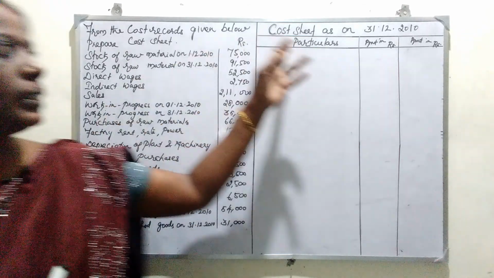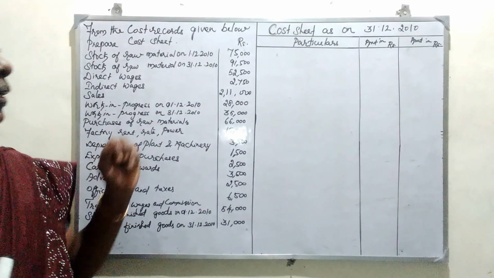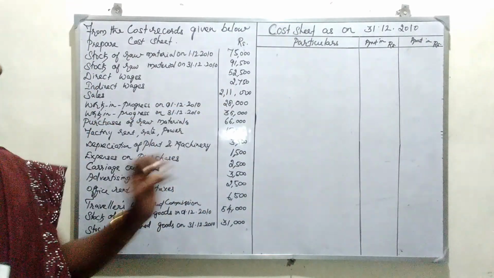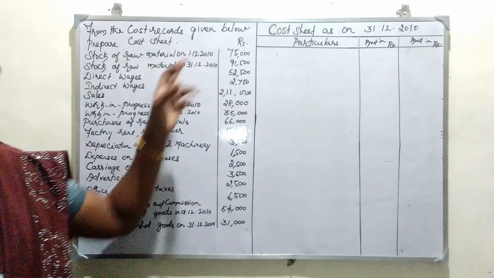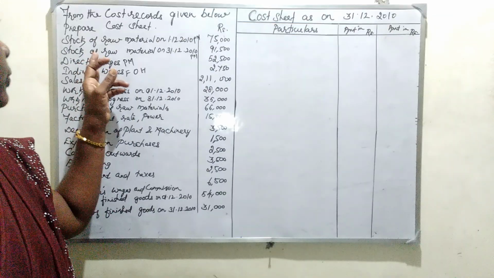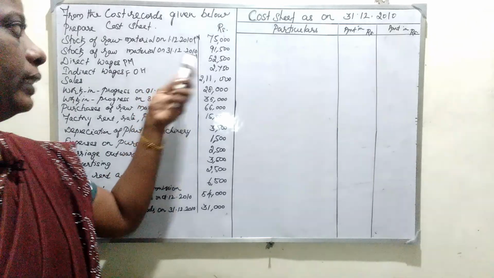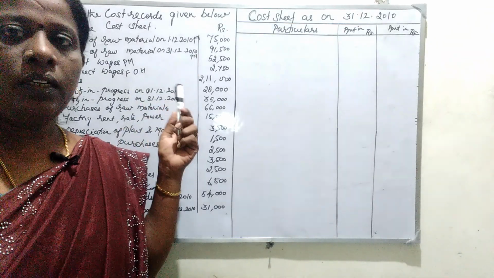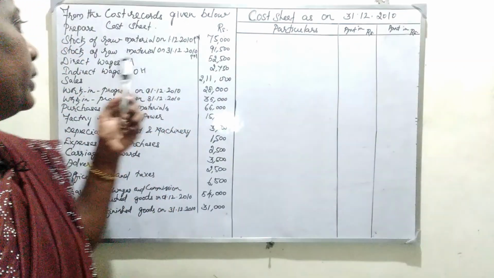We are preparing this cost sheet for the month, not for the year, so the first date of the December month stock is given. Next, stock of raw material on 31/12/2010, the month end date, is considered as the closing stock of raw material.